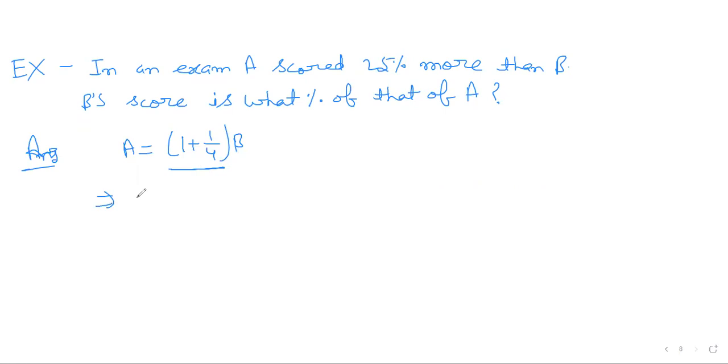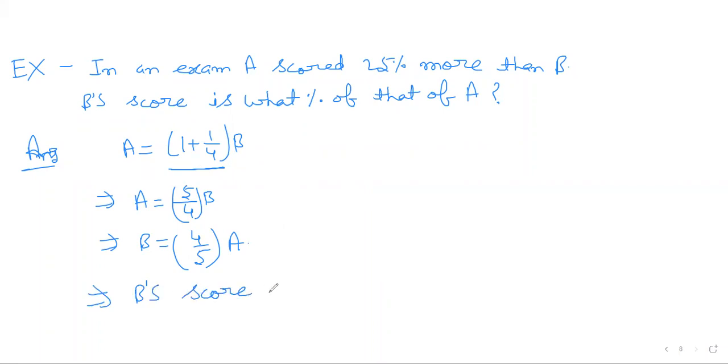Now A is nothing but 5 upon 4 B. So B is nothing but 4 upon 5 into A. So you can clearly see that B's score is 80% of that of A.